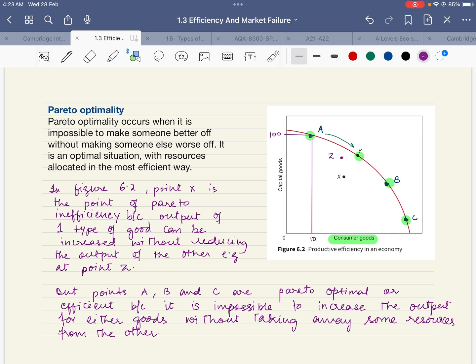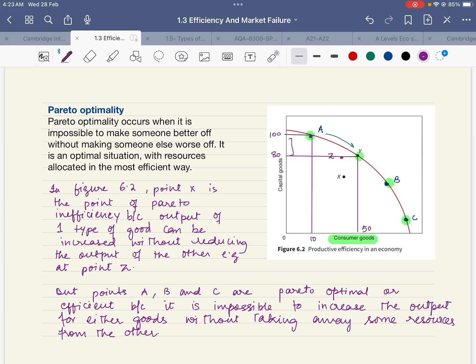In order to increase the output of consumer goods from 10 units to 50 units, they will have to forego 20 units of capital goods to increase 30 units output of consumer goods. That is the point where the economy is Pareto efficient.